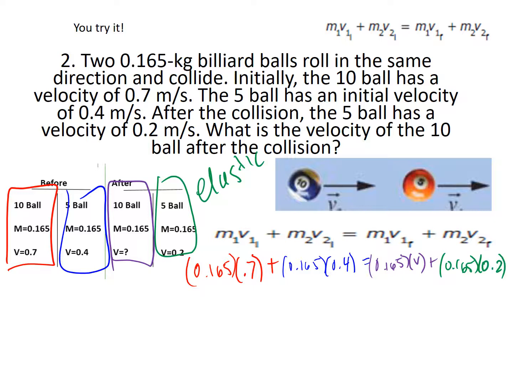Okay, and then we just do the math here. We add these two on the left, the red and blue, and when we do that, we get 0.1815 equals 0.165 v plus 0.033.